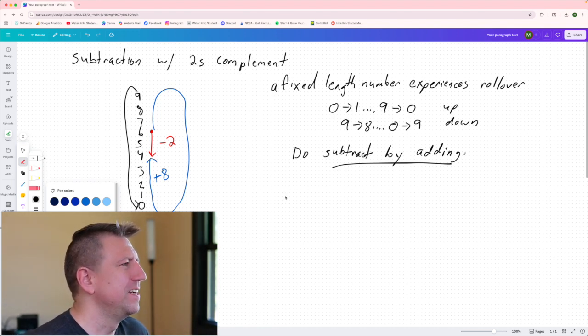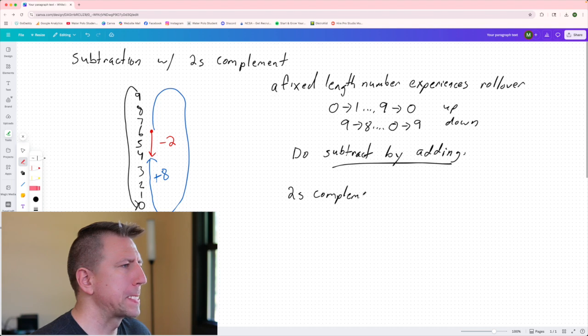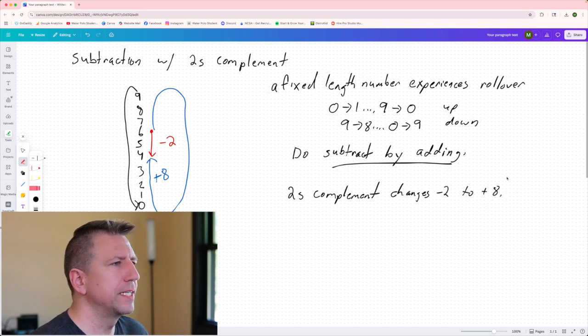All right, so 2's complement changes the -2 to a +8. So we can use then that +8 to affect the same outcome as adding a -2.